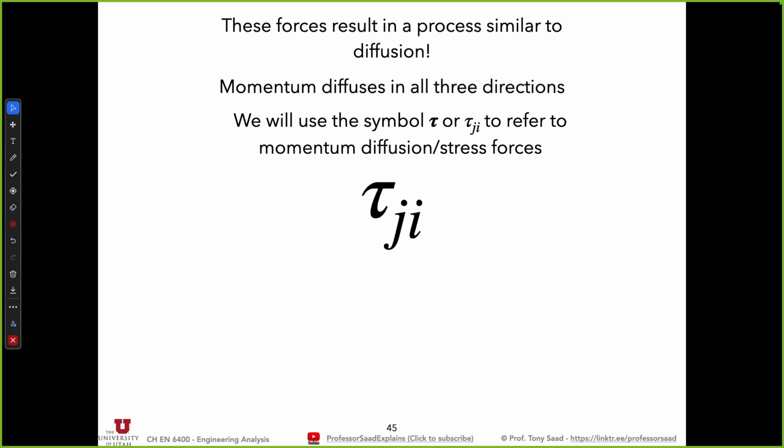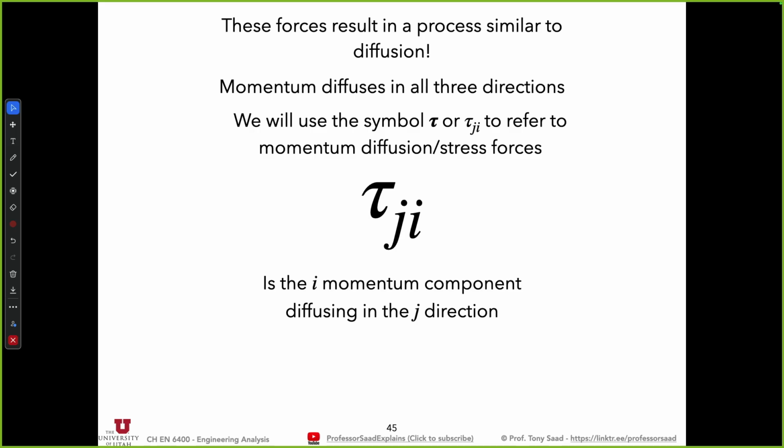And then what does j represent? j represents the direction it is diffusing in. So again, tau ji represents the i component of momentum, could be x momentum, y momentum, or z momentum, there's only 3 options, diffusing in the j direction.